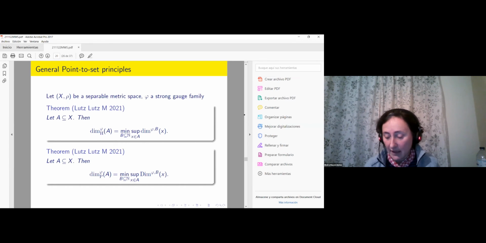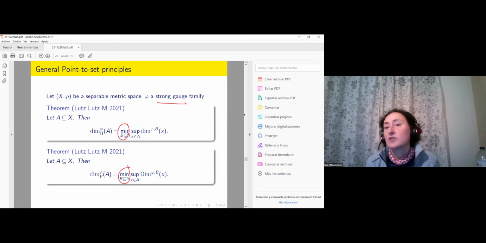I call strong gauge families those families that fulfill those restrictions. So again, you get effective dimension and a strong effective dimension. And again, you have the minimum over the best of oracles. So there's at least one oracle that gives you exactly effective dimension equal to classical dimension.